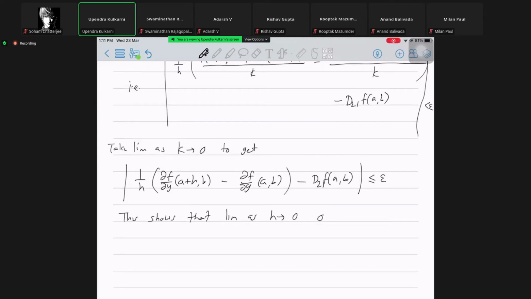This in fact shows off, what does it mean to show? What does it mean to say that some quantity has a limit?